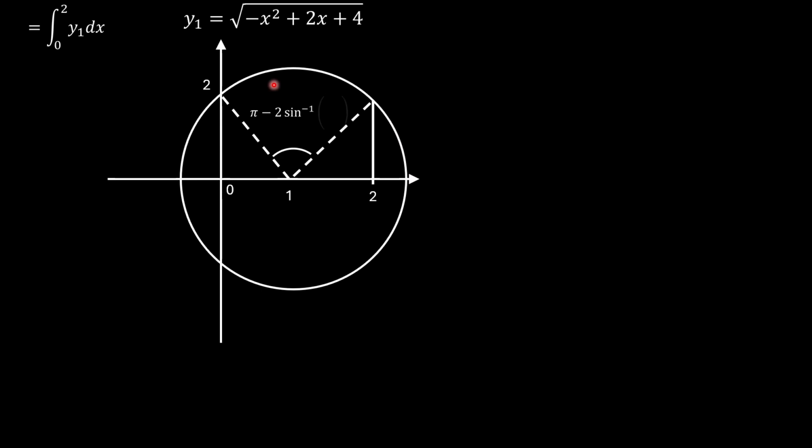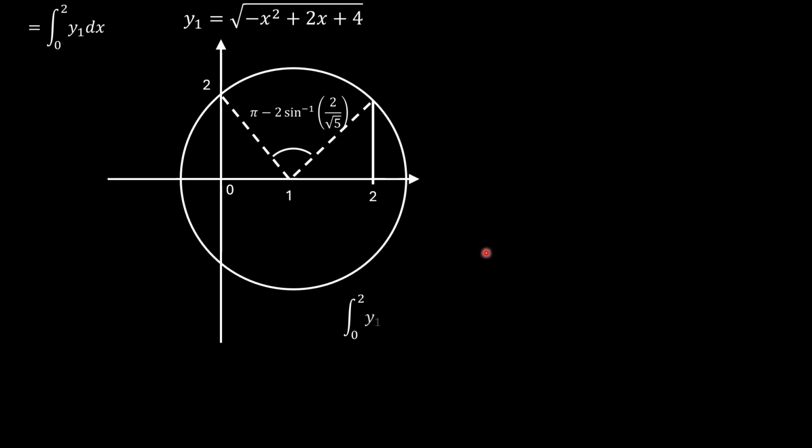So we have y1, which is the positive half of the circle at the top, but we're integrating it from 0 to 2. If this is our circle, the area of interest is this area here. Since the height of the circle at 0 and at 2 is the same, 2, we're just going to calculate the area of these two triangles and then this sector here.